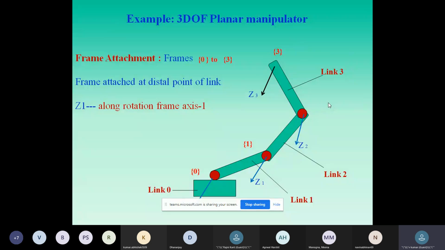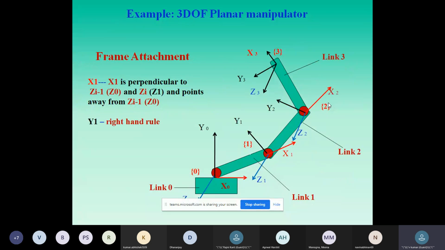Then we will go to Xi. Now come to Xi. What is the definition to represent Xi? Think of link 1.